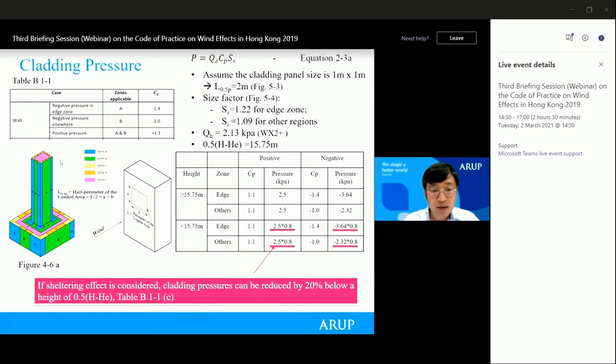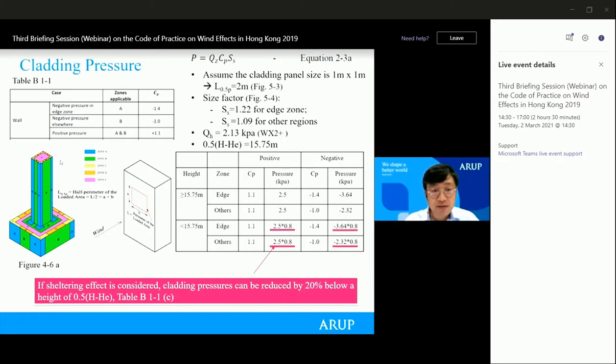And following Figure 5.4, for the edge zone and for the other zones, we are talking about the wall elevation. For the edge zone, the size factor is calculated as 1.22. And for the non-edge zone, the size factor is calculated as 1.09.